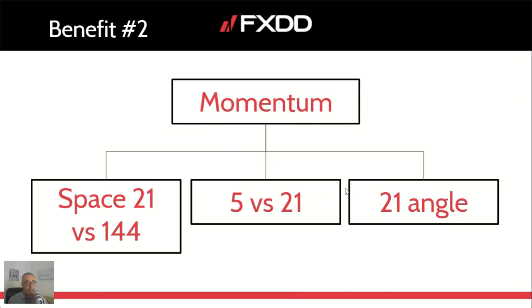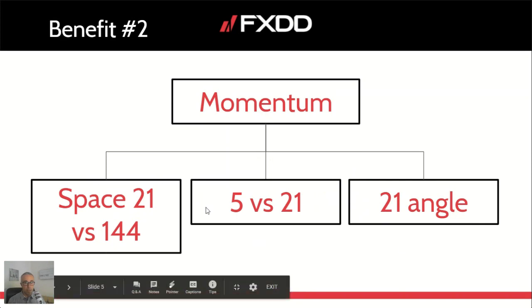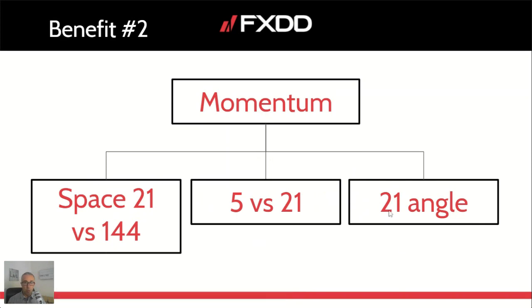All right, so the second benefit is the fact that it shows momentum. It's a very good measurement of momentum, impulsive price action, quick price action, basically one directional price action. So, for instance, the 21 EMA zone, high and low, the angle of that.